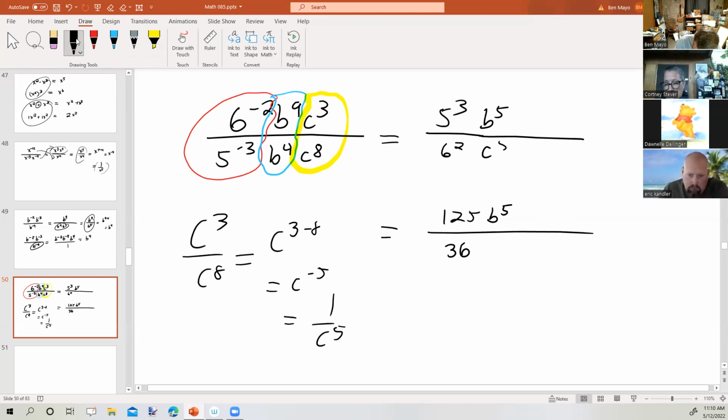So that C to the 5th would be in the denominator. Just kind of to show you where everything ended up. I'm just having too much fun using all these different colors. You okay with that?